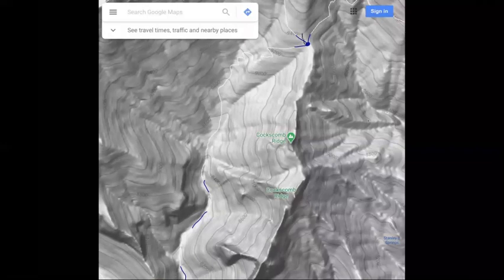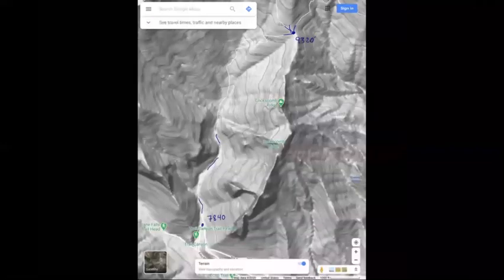We'll just call it 2 gradations down. So that's 80 feet below 9,400 feet. So that's 9,320 feet of elevation. So our net elevation gain for Trail Canyon here is 9,320 minus 7,840.